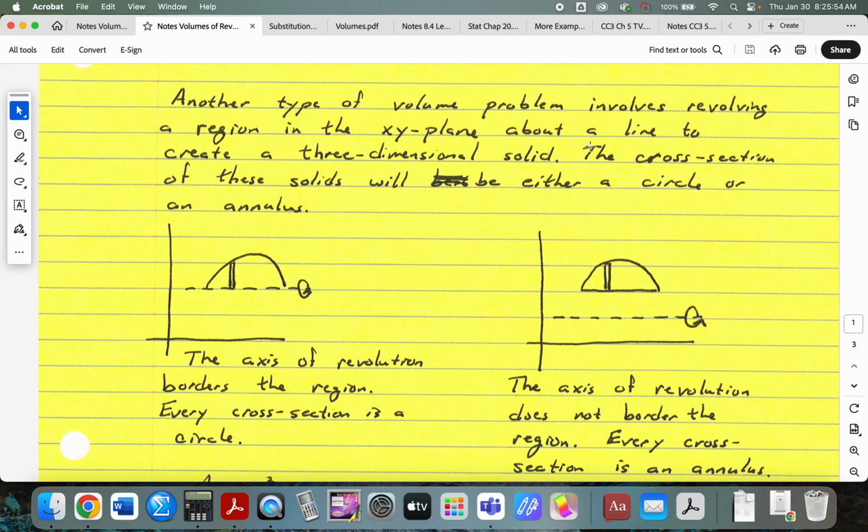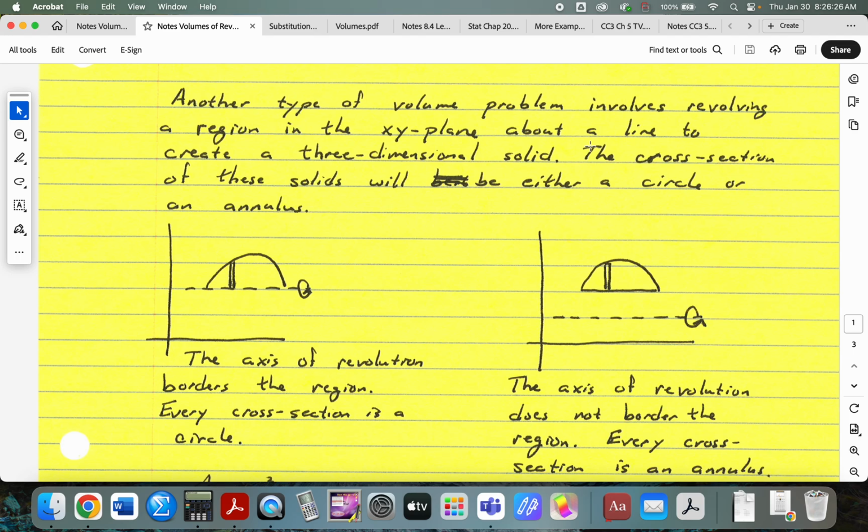We won't do these around lines that are at an angle, because that gets really difficult. If the line is at an angle, you end up having to do a whole other system where your X and Y axes aren't horizontal and vertical, they're running parallel or perpendicular to that line. It gets a little mind-blowing. We're not going to do that. Okay?